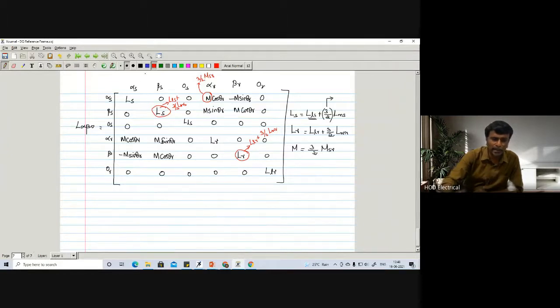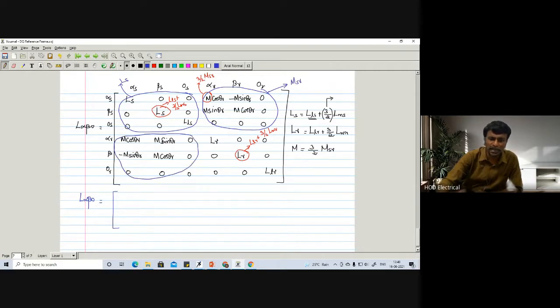Then you can write it in this compact form of L alpha beta naught. We can take this matrix as the Ls matrix, and this matrix combined you can take as the Msr matrix. As I already told you, this will be the transpose of that matrix, so Msr transpose.